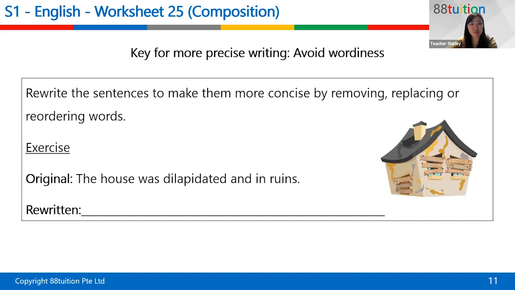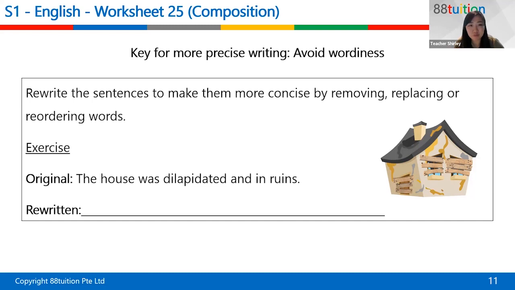Rewrite the sentences to make them more concise by removing, replacing, or reordering the words. The house was dilapidated and in ruins. Anyone? How can we make it more concise? If you're shy, you may type it in the chat.